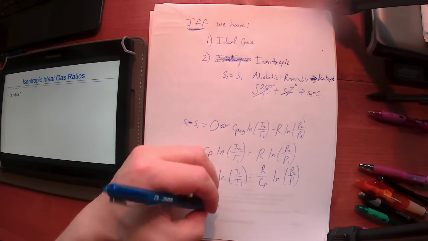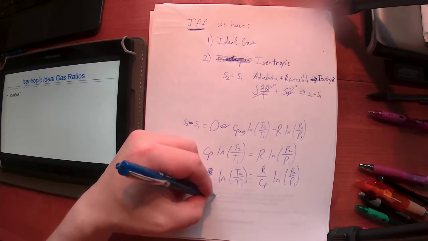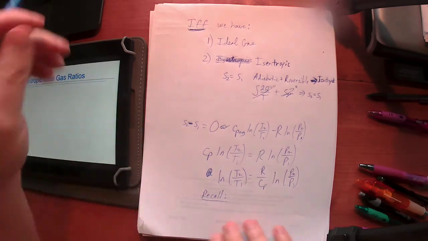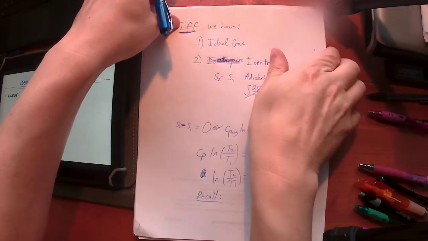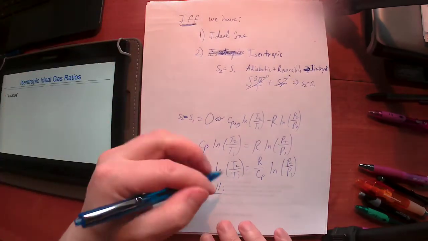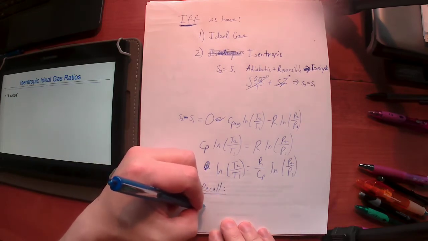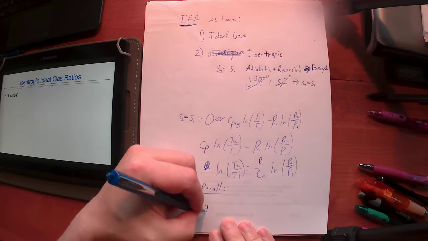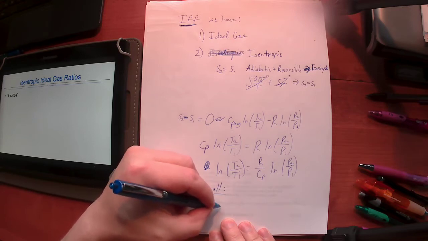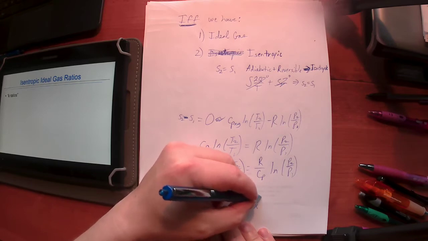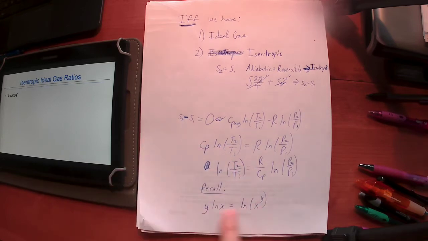Now there's some cool logarithmic algebra you can do here. We've got to brush the cobwebs off our logarithm algebra, and that's okay. If you're like me, it's not something you remember because you don't use it that often. If I've got y times the natural log of x, that is the same as the natural log of x to the power y, and vice versa. This goes both ways.